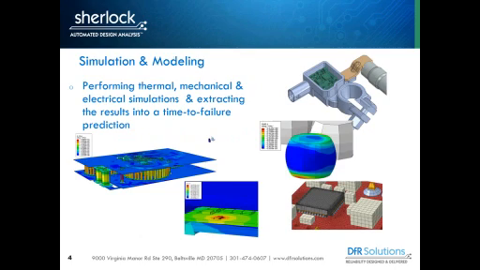So, there's a variety of levels of simulation and modeling. Thermal, mechanical, electrical, and then taking the results of those simulations, and this is really the more difficult part, how much stress is too much stress, how does that affect the reliability of the product. That's where physics of failure and reliability comes into play.